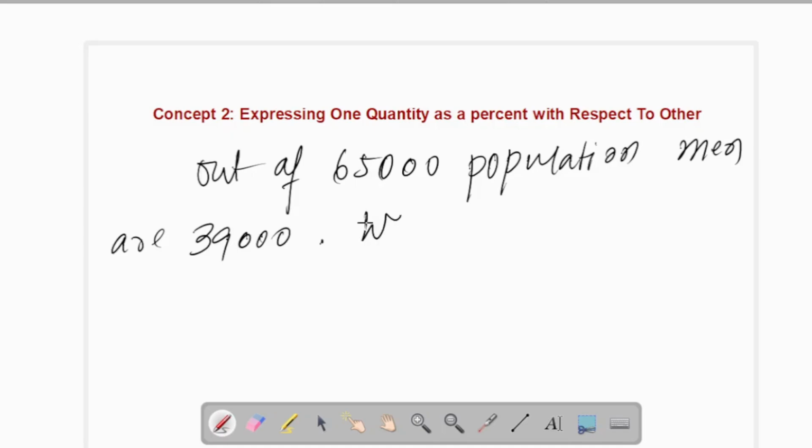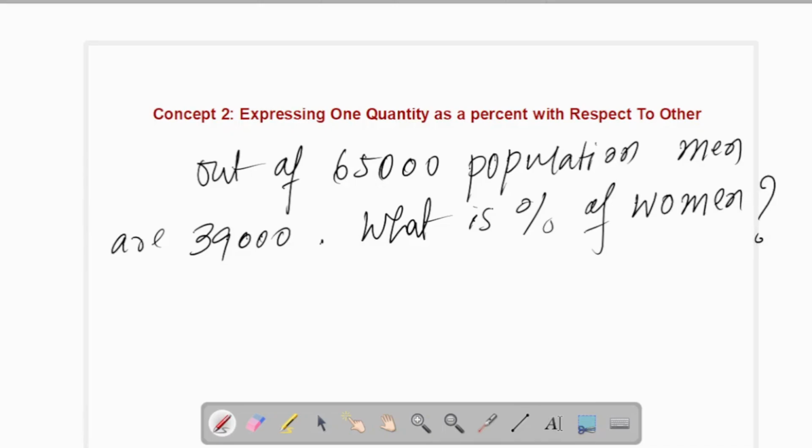What is the percentage of women in that locality? To get the percentage of the women, we need to find the value of the women exactly. So 65,000 is the total population, out of which 39,000 is the men. What is the value of the women in that locality?